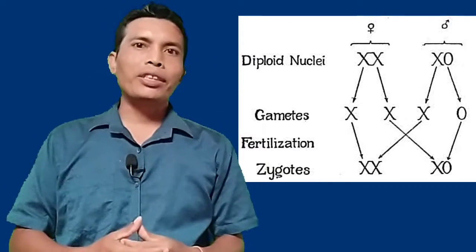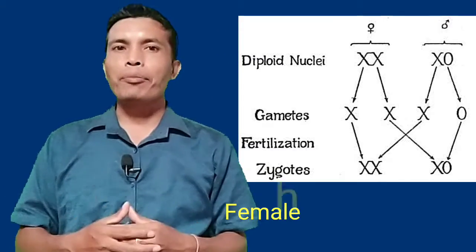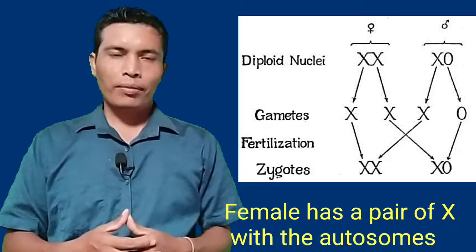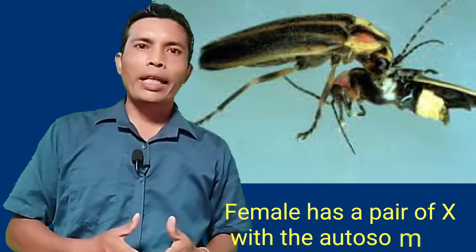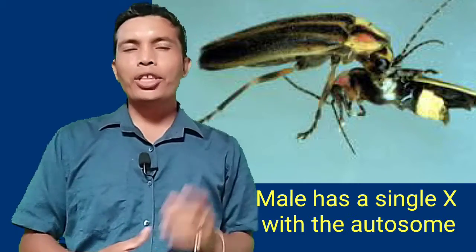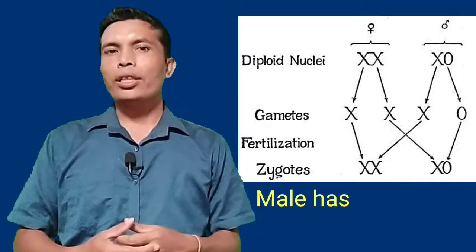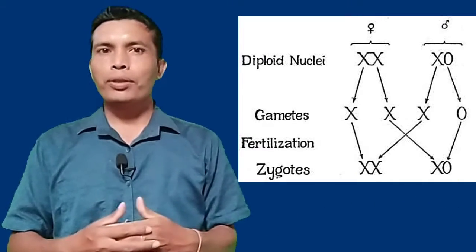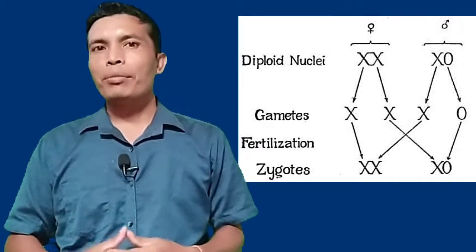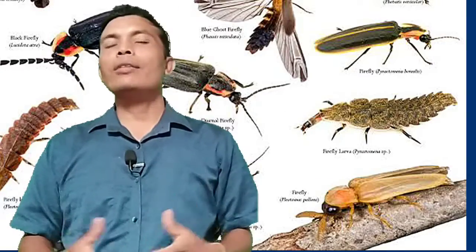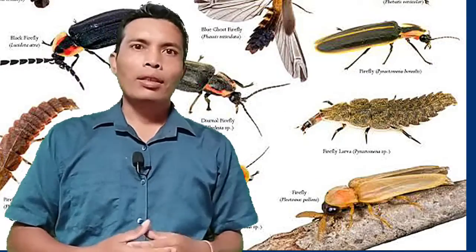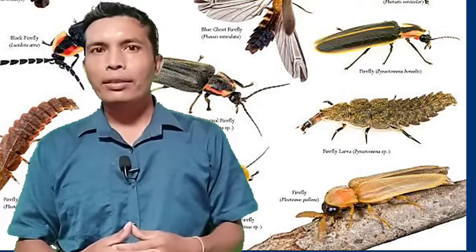In this type of sex determination, the female has a pair of homologous X chromosomes with autosomes, and the male has a single X chromosome with autosomes. This type of sex determination is found in a large number of insects like grasshopper, fireflies.